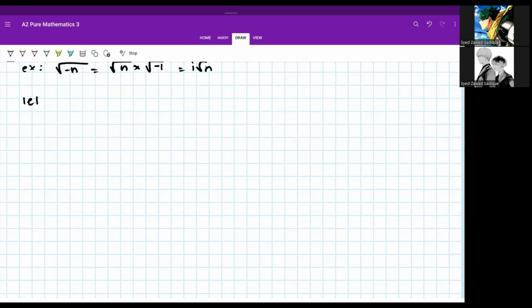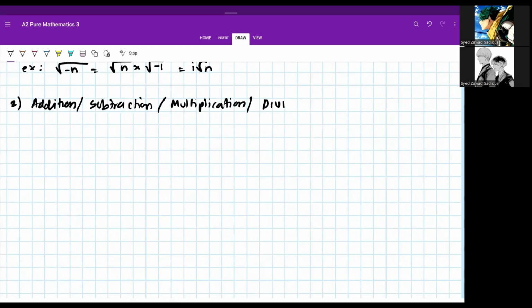Now we move down in concepts, let's say concept 2: addition, subtraction, multiplication, division of complex numbers.